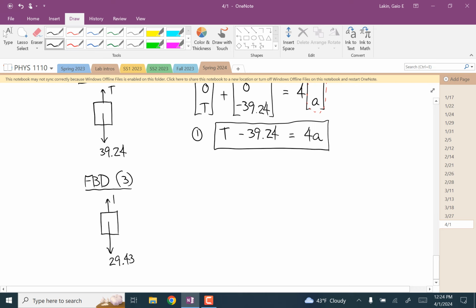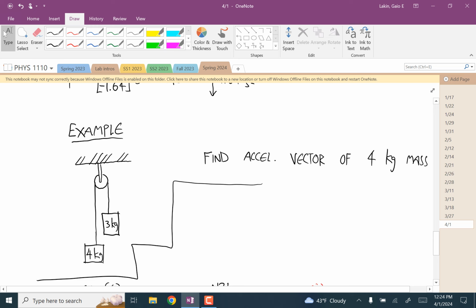It's the same cable, so this is T. Newton's second law says 0T plus 0, negative 29.43, is equal to 3 times the acceleration vector of this second body.